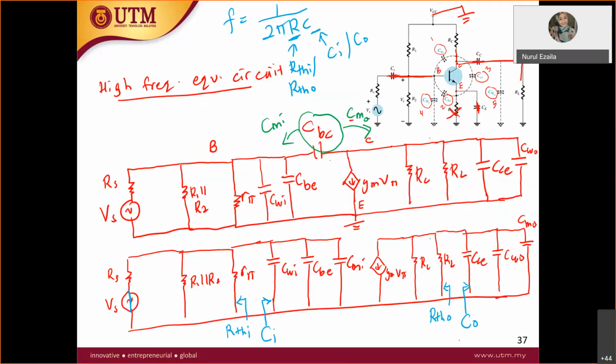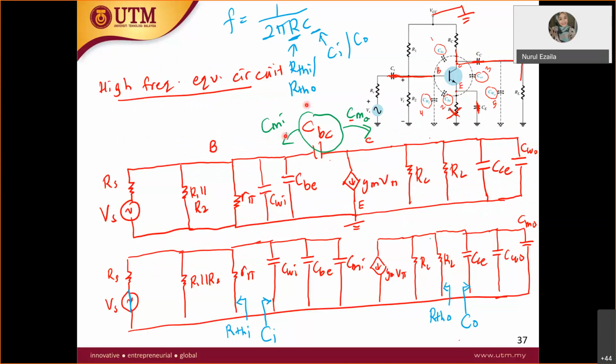For the high frequency, it may look long, but I think high frequency is easier than low frequency, because you don't have to do the Z test and so on. You just have to put things in parallel.